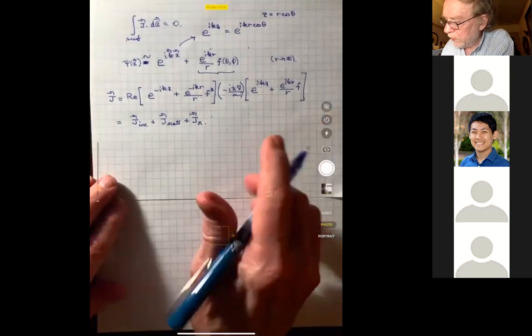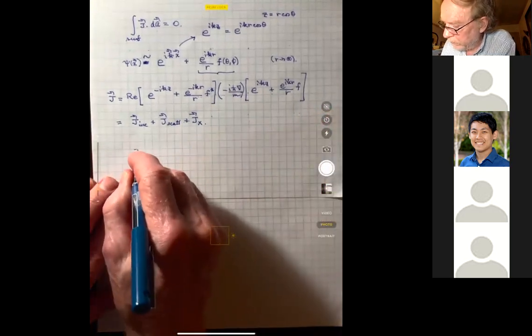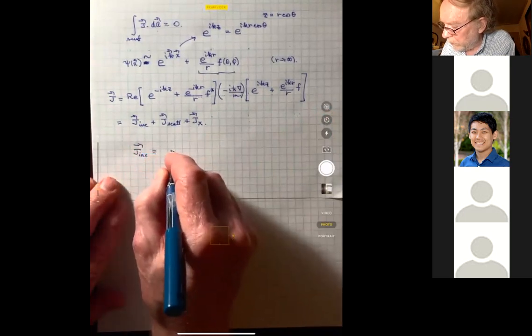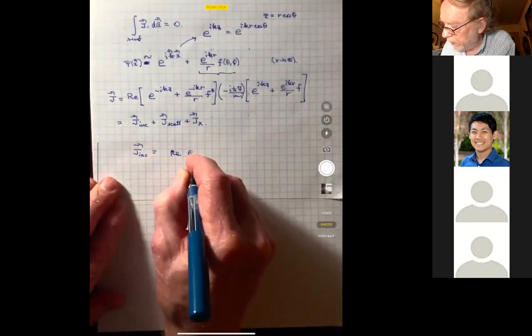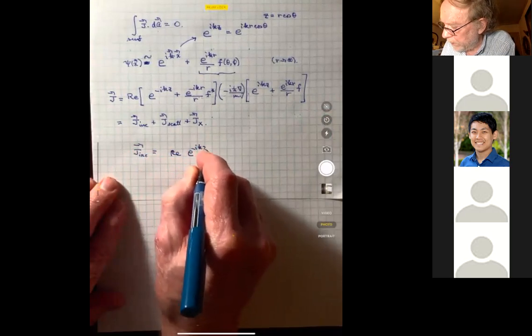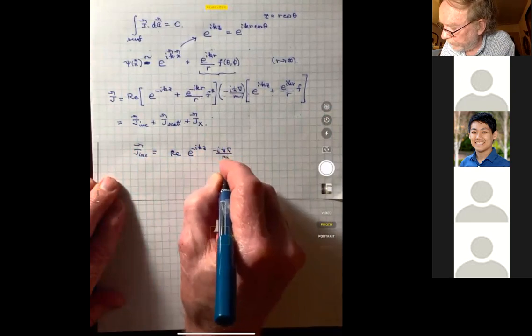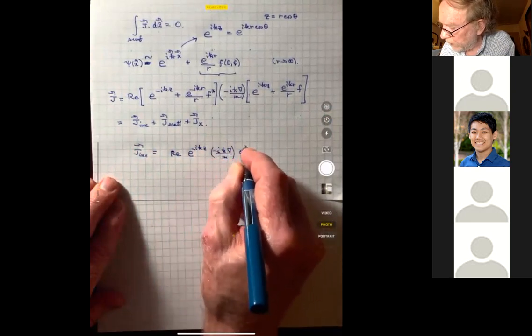Now, J incident is easy to work out. It's just equal to the real part of e to the minus i k z times minus i h bar gradient over m multiplying on e to the plus i k z.